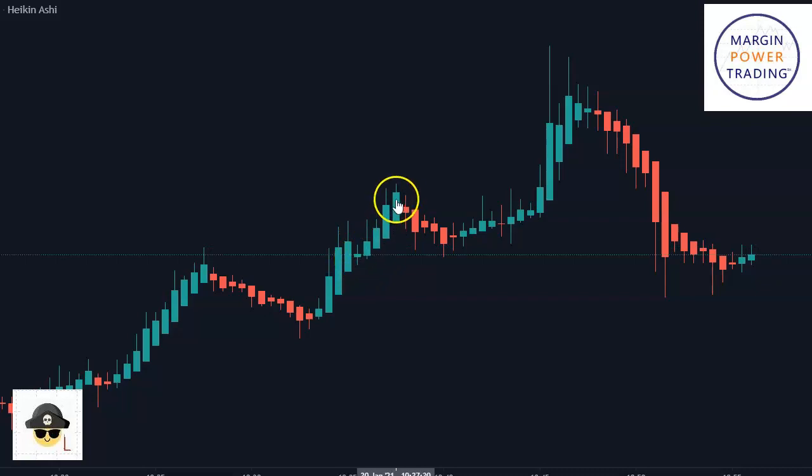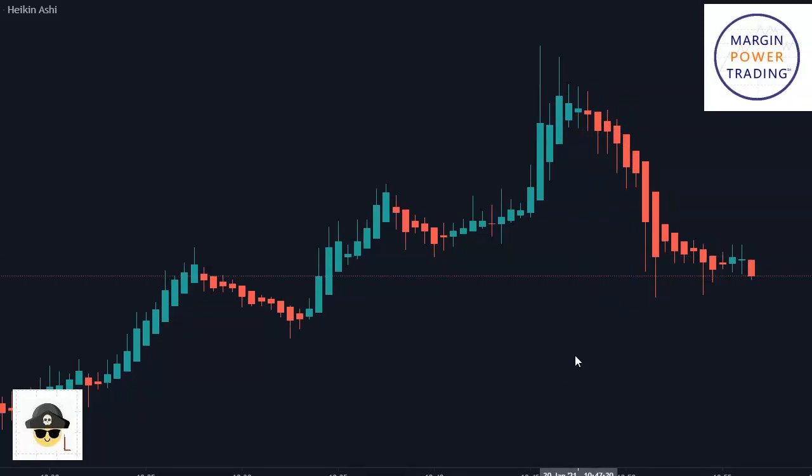The continuation of the bullish move. A turnaround, but into consolidation. Consolidation across here. Big move to the upside. Consolidation. Pull back to the downside.